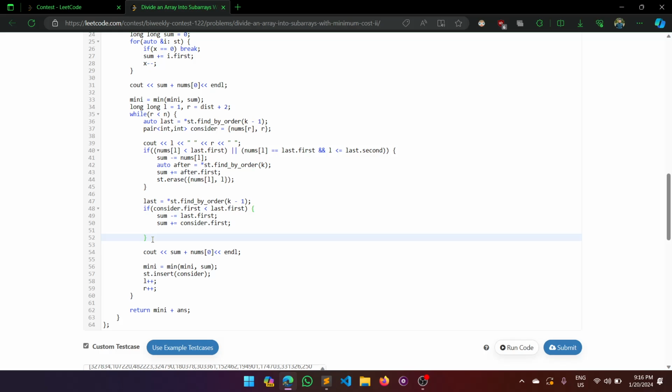Then we'll remove nums of L from the sum and find the next element, add it into our answer and remove. I think the after already contains the answer.